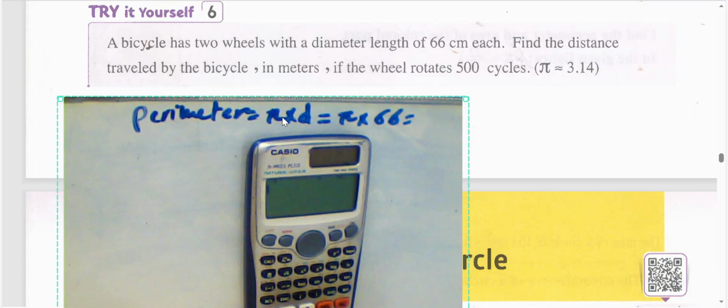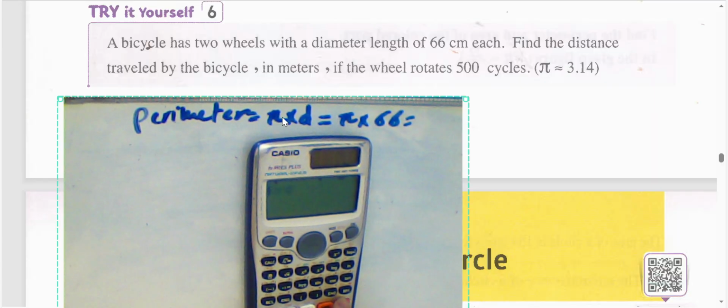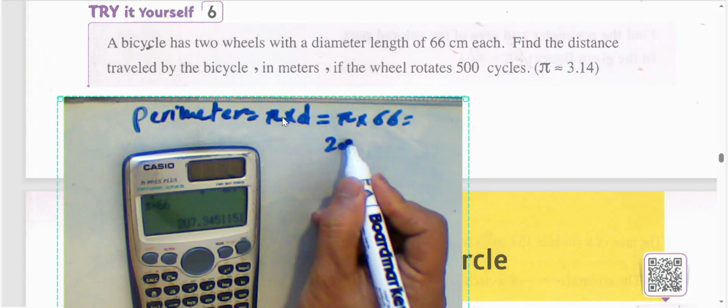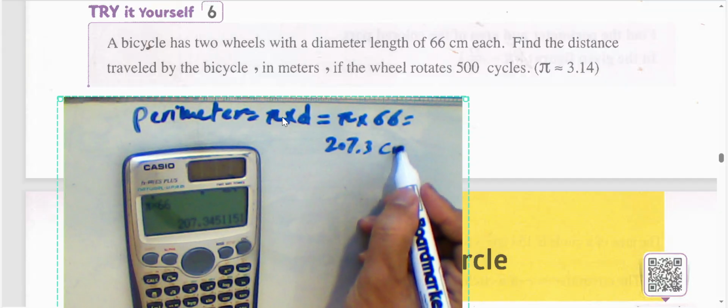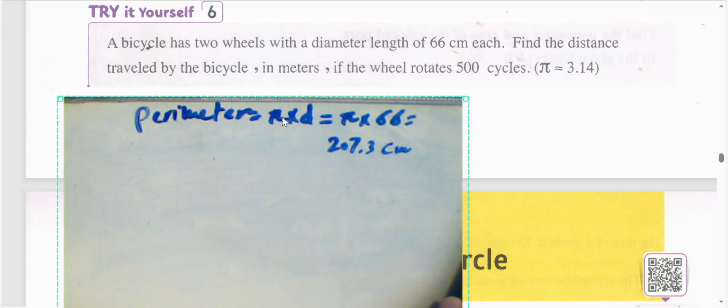And the perimeter equal pi times 66 equal 207.3 centimeter. This is the perimeter of the circle.